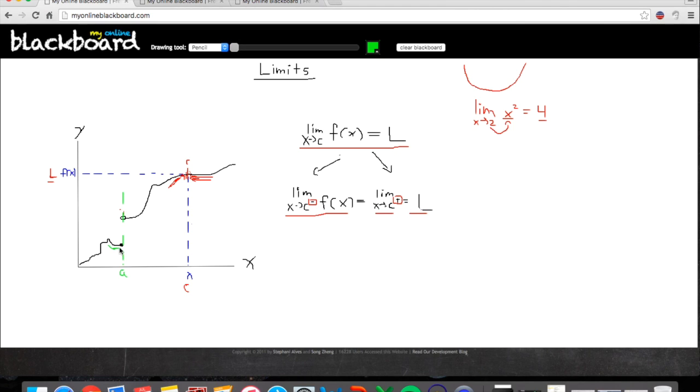When I come from the left, I approach this output value over here, which I'm going to call L subscript 1. When I approach the value a from the right, I get a different value, L subscript 2.